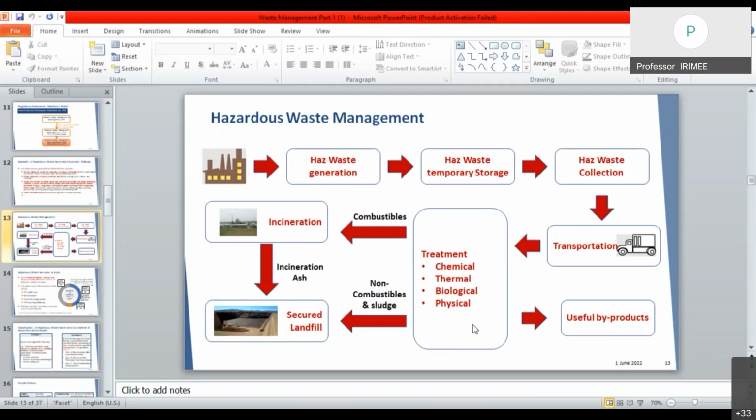They can be used, and even after treatment, the items which can't be used have to be disposed of. The items which are combustible have to be burnt in incinerators, and the incineration ash has to be sent to the secured landfill. Those items which are non-combustible have to be sent to the landfill directly after treatment at the treatment site.